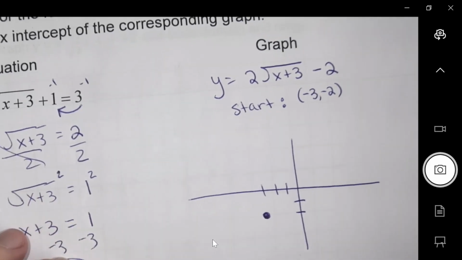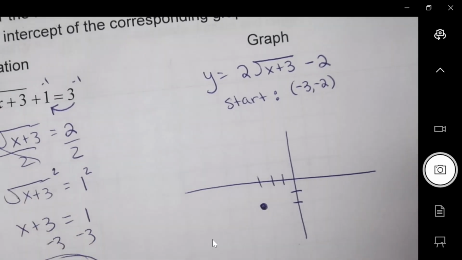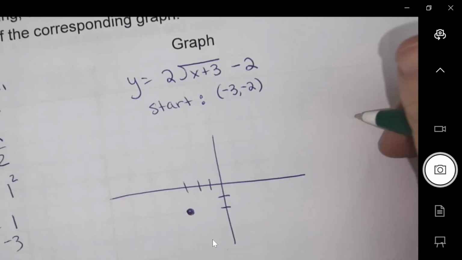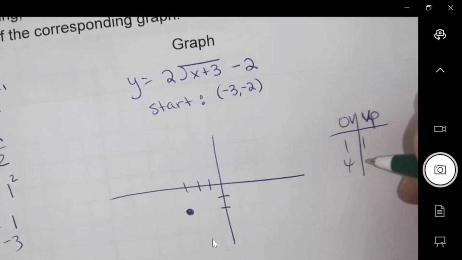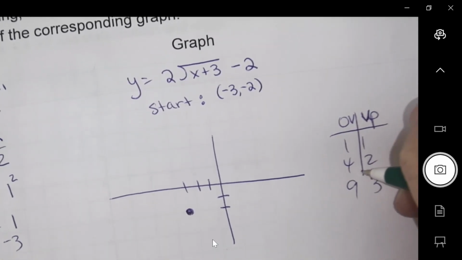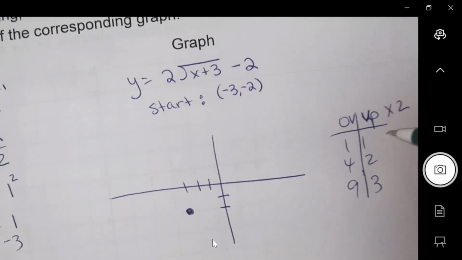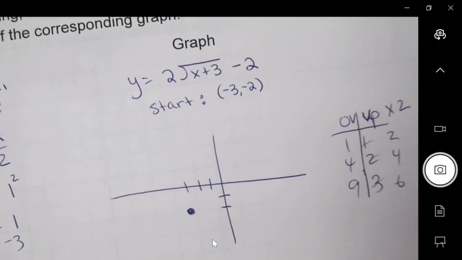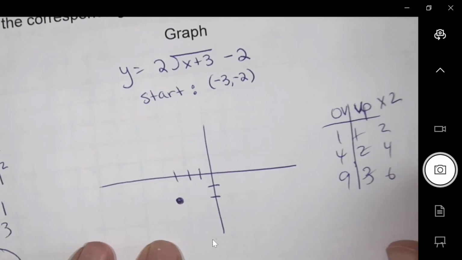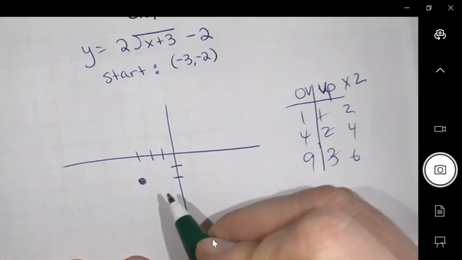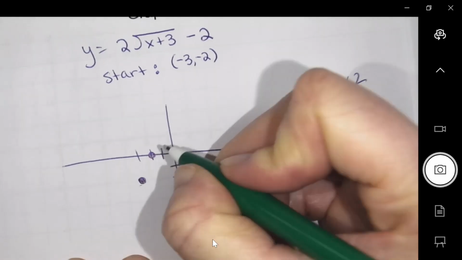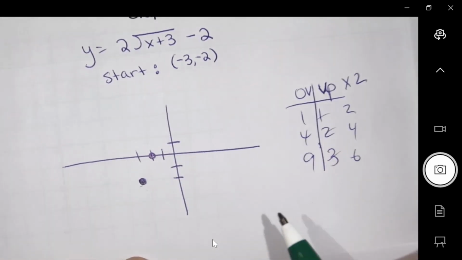Okay, so this equation would start at -3, -2. And then I have an A, so I'm going to move over 1, up 2. Boom, there it is. I already had it.